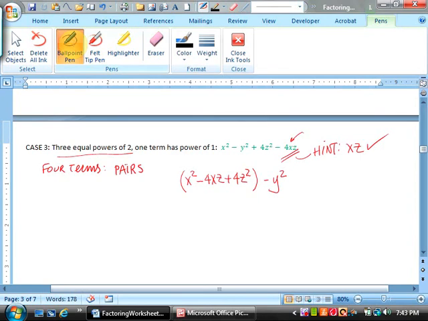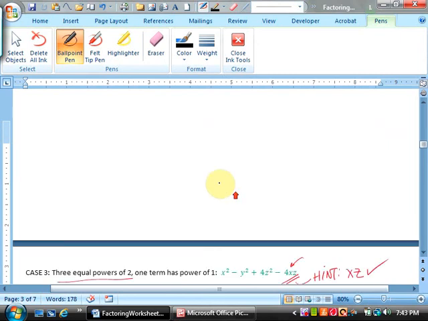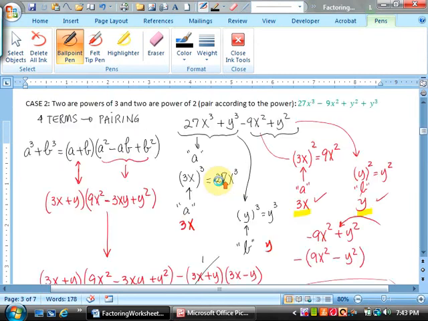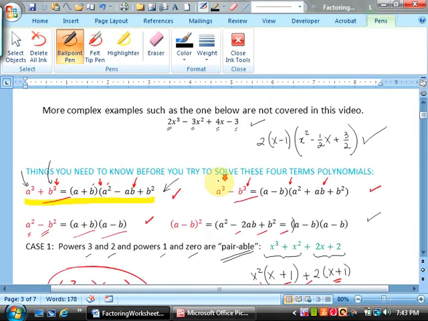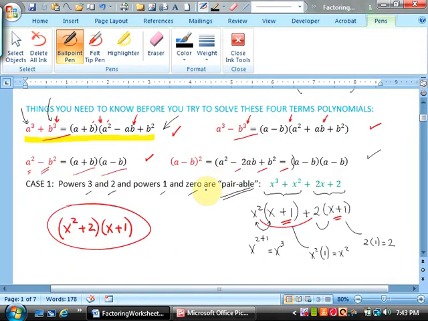But if you pay close attention, you're going to realize, hey, this is a perfect square. So let's take a look at our cheat sheet up here.